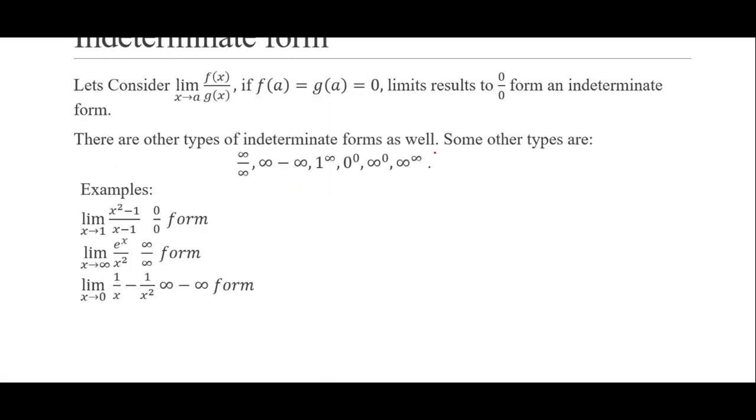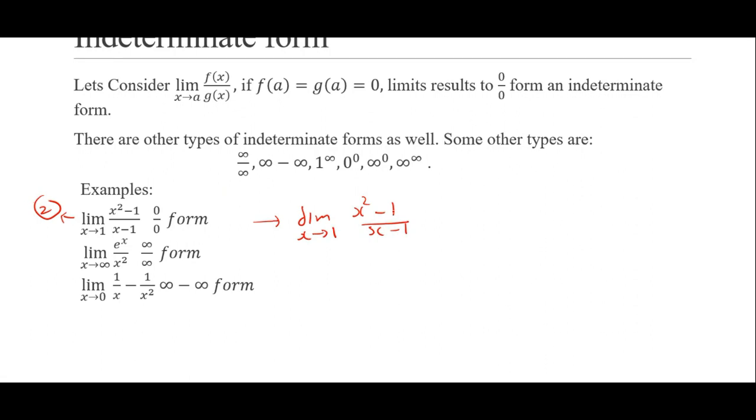Now let us move to this question again, the first example. The limit as x approaches 1 of (x² − 1)/(x − 1). I just solved it and found the limit of this function is equal to 2. Now let us apply L'Hospital's rule here.